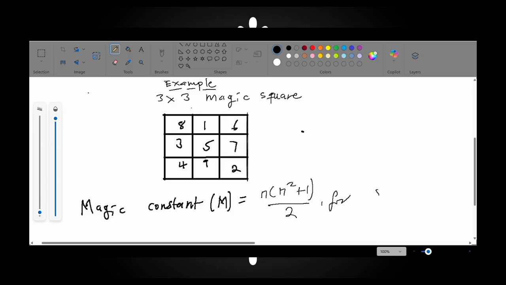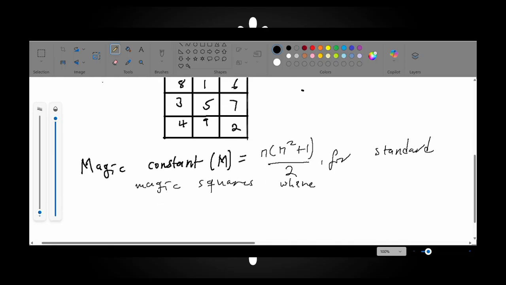For standard magic squares, where the numbers start from 1 to n squared, right?